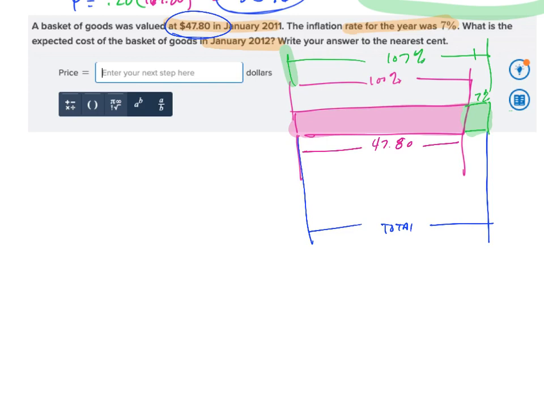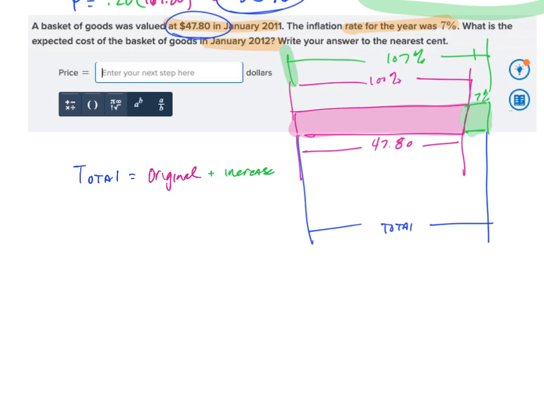Now, if that part just went over your head, then don't worry about it. Then calculate what that 7% would be. So if we look at this, we're going to have total equals the original plus the increase, or plus the change, right? Now, our increase happens to be inflation this time.